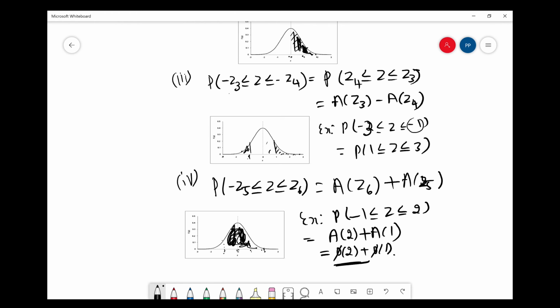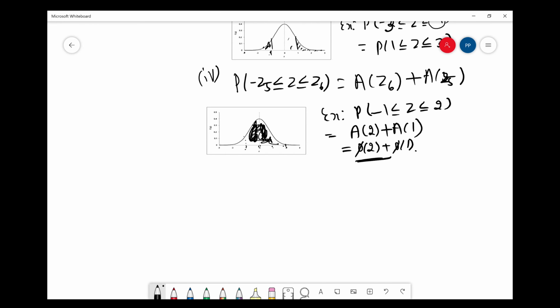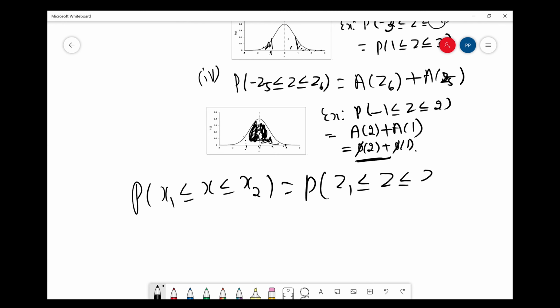So using these four results, we convert the probability over the variable x, in the interval x1 to x2, to the probability over the interval z1 to z2. For this, we have to use the substitution, that is (x minus mu) by sigma equals z.